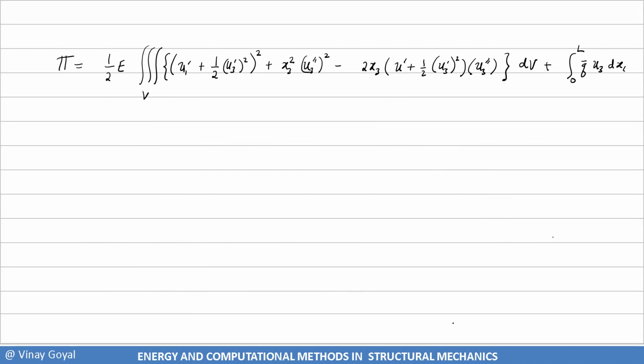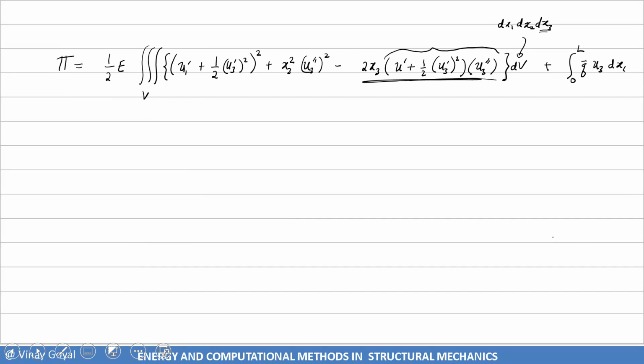And so I can now, if I were to integrate this, and this dV here is dx1, dx2, and dx3. If I take the integral of this quantity through a thickness, which is the dx3 direction, that quantity will go to 0, because when you do that integral, none of this stuff depends on x3.